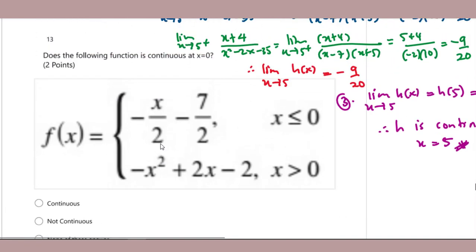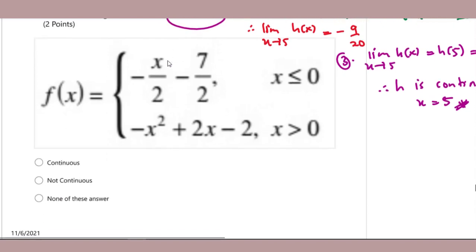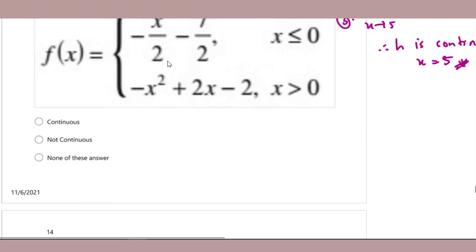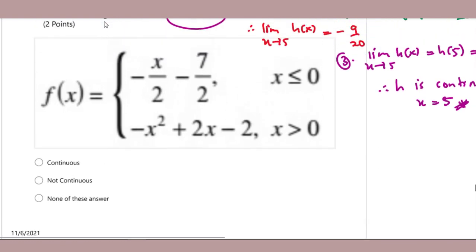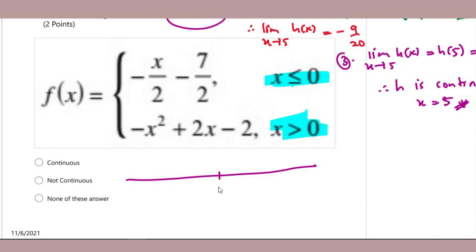Number 13. Is the following function continuous at x equal to 0? This is a given piecewise function. For this one, it's better to change to a number line. We discuss here the domain, 0.